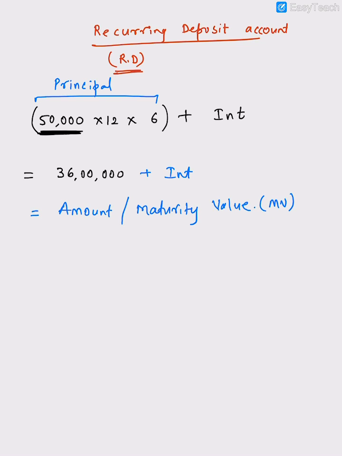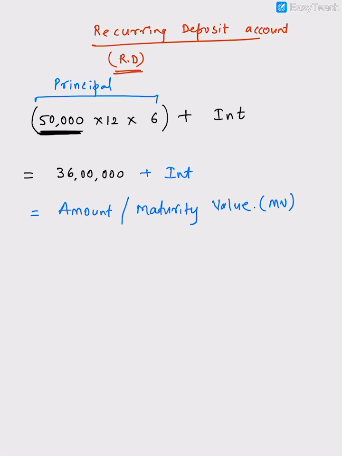If you stop paying the installment in between, your account will stop. You will get back whatever money you have invested at the end of the term, but you will probably not get the same interest, or you'll get a lesser interest on your principal. So this is what a recurring deposit account is.